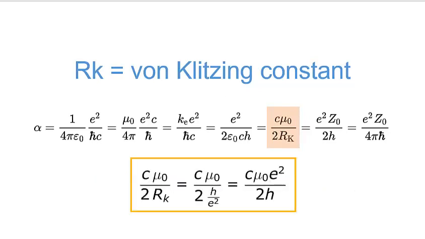This is pretty easy to figure out, because this R_K here is another constant of nature. It's called the von Klitzing constant, discovered by a guy named von Klitzing. And what I say is, yay, yet another constant of nature named after a person, named after a man, of course, because I don't think there are any constants of nature named after women, but that's neither here nor there.